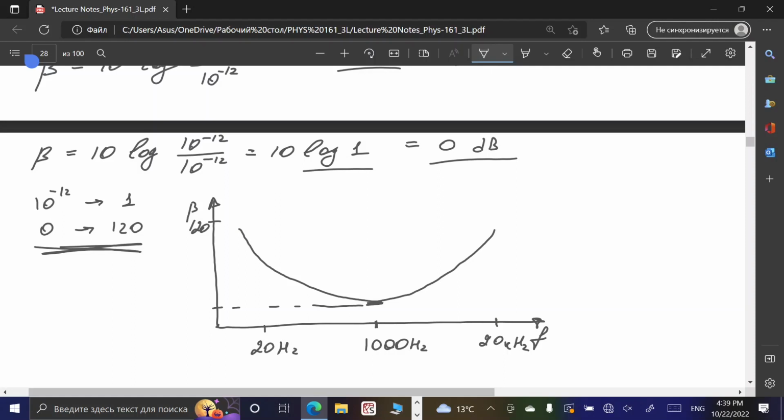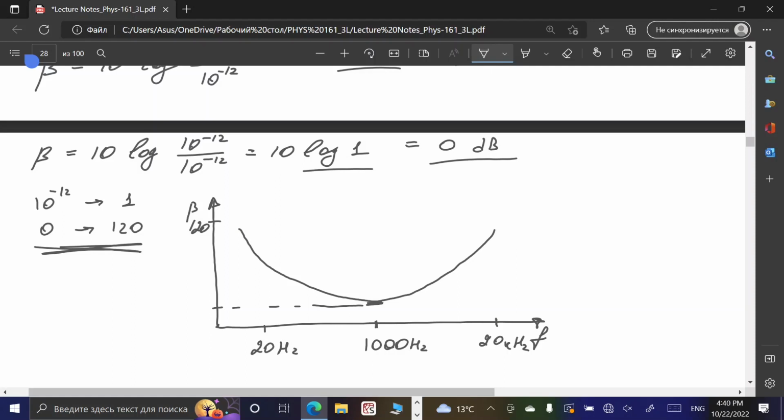But the human ear is designed in such a way that the highest sensitivity to sound is in the vicinity of 1000 hertz. It means that at this specific frequency we can hear the lowest sound intensity, and that corresponds to this 10 to minus 12 watts per meter squared. That's the absolute minimum that we can hear without any equipment.